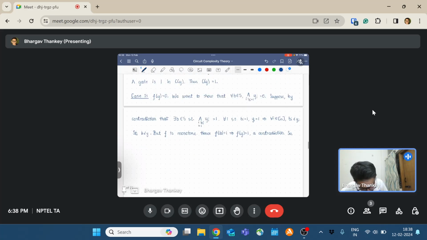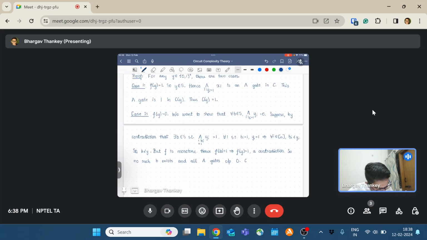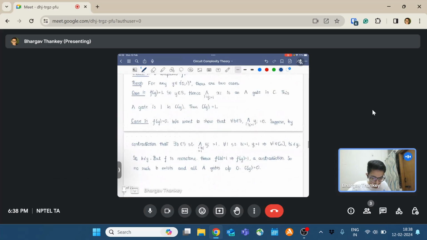So no such b exists. So all AND gates output zero, and so C of y is zero.